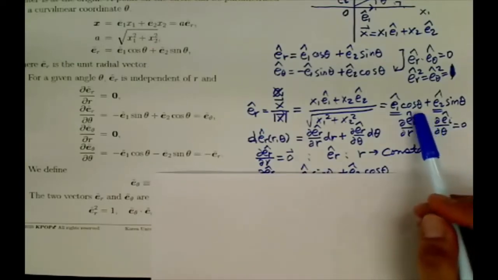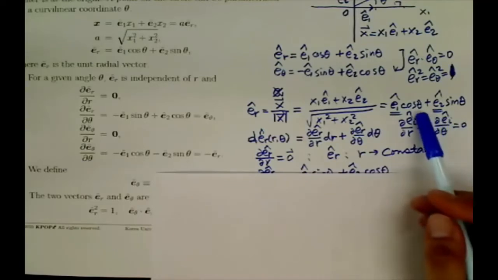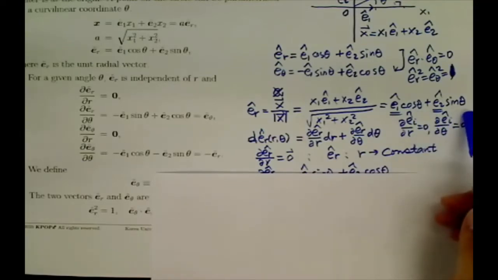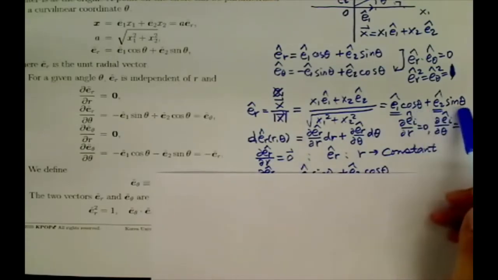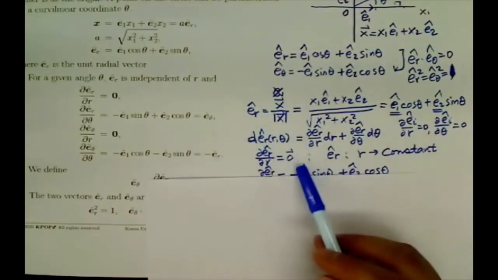And again, there is a cosine theta here. Partial derivative, this is a function of theta only, either cosine theta or sine theta. So if I take the partial derivative with respect to r, it vanishes.